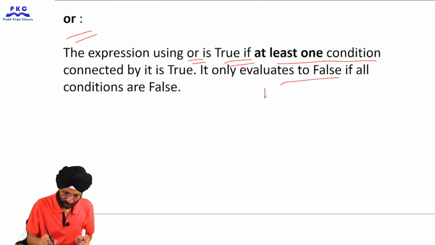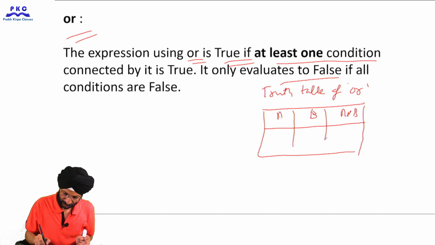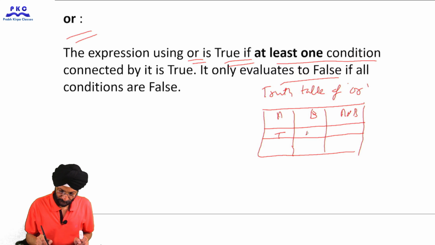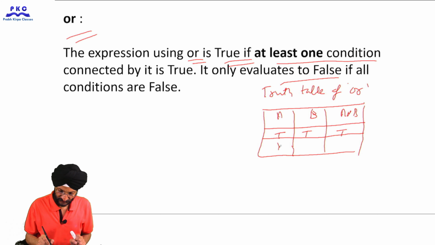What is the truth table of OR? A, B, A or B. If both are true, then it is true. If one is true, the other is false, then also it is true.